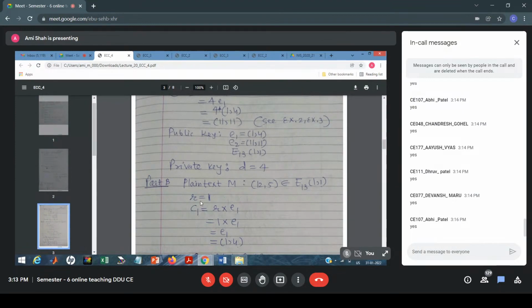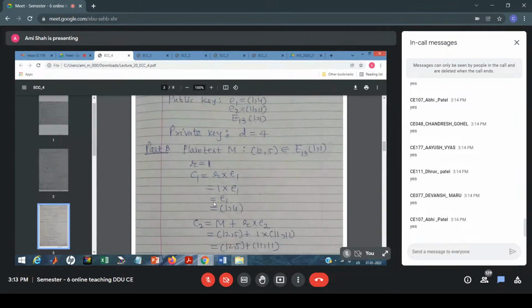Random integer r equals 1, I am taking. And all of you know the two equations: C1 equals r times E1. So the value of r is 1, multiplied by E1, where E1 = (1, 4) is taken. And what about C2?